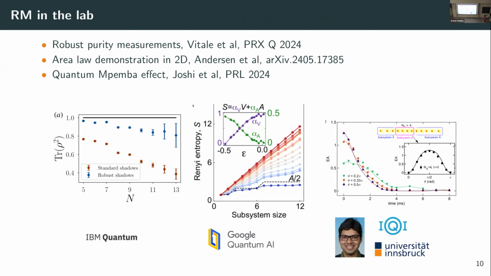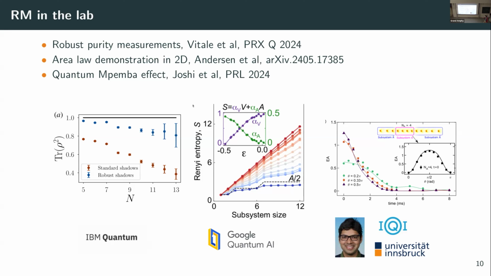This was a collaboration with IBM, where you can see that we measure purities of something which is not that far from 1. Here I'm looking at the purity of a total system, so my hope is that it's 1. That's the first message. The second message is you can achieve system sizes of order 12, 13. So we are beyond the reach of tomography by a lot. And we can try to say something about many-body physics.